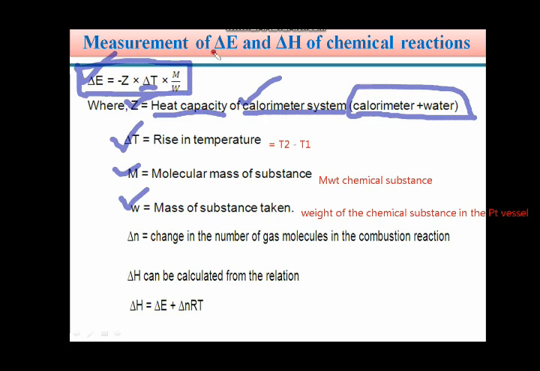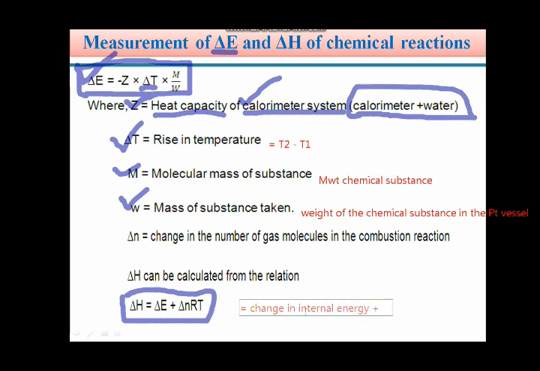After that, when we know delta E, in the module 3 video we already know the formula for change in enthalpy: delta H is equal to delta E plus P delta V. In the previous module, we saw delta H is equal to the change in internal energy delta E plus P into delta V, meaning P into change in volume.